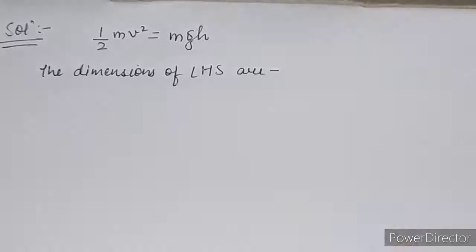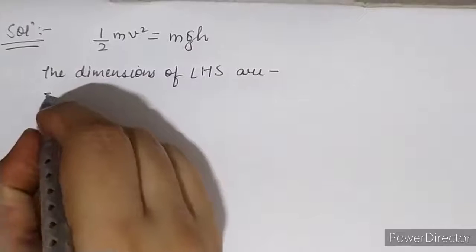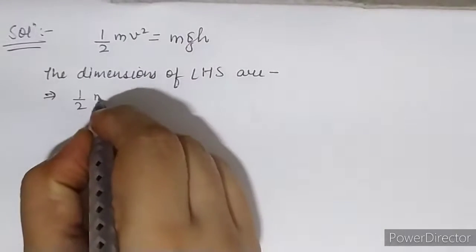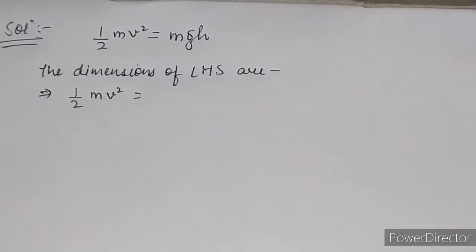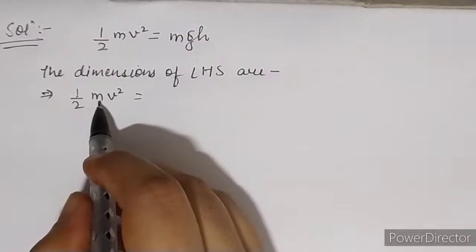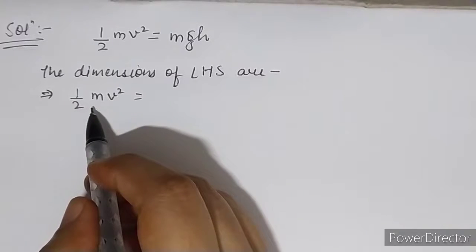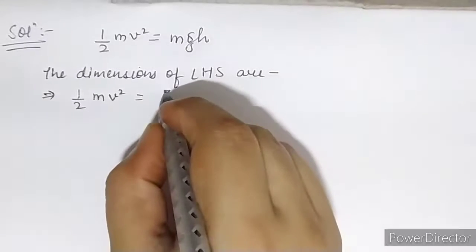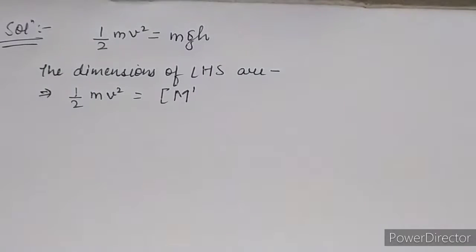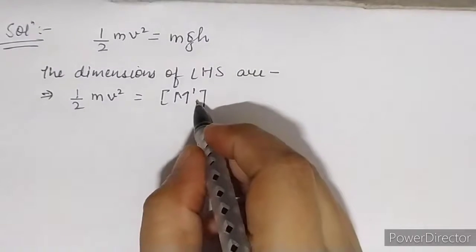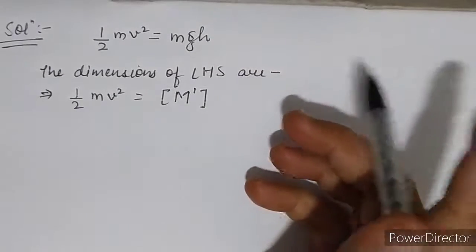In the LHS we have half m v square. Half is a numerical term, it doesn't have any dimension, so we are not considering it. m is the mass, mass has the unit kilogram, so it has M1. L and T are not there, so I am not writing them, or if you want, you can write L0, T0, it doesn't matter.